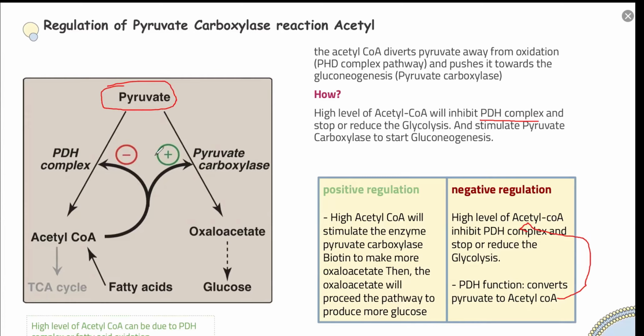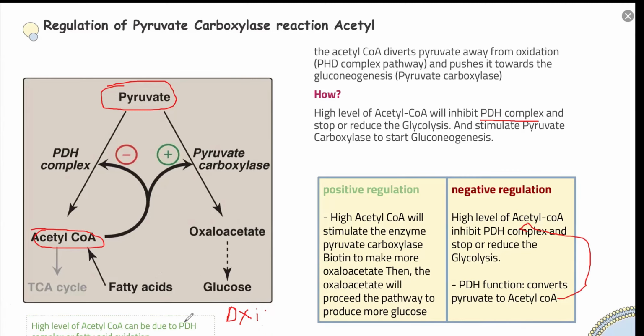So this is what happens. You have pyruvate, and in the presence of acetyl-CoA, the acetyl-CoA will inhibit the pyruvate dehydrogenase complex. And of course, acetyl-CoA is usually generated in two major pathways. Number one, through the beta oxidation of fatty acids.